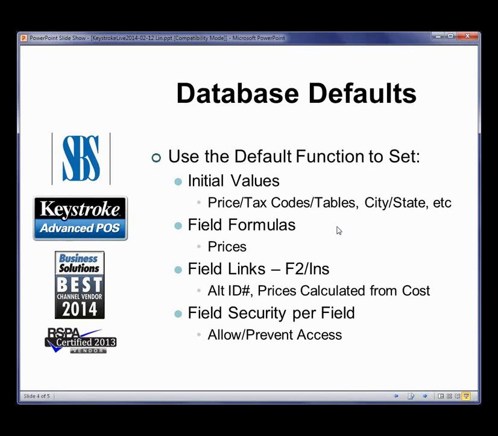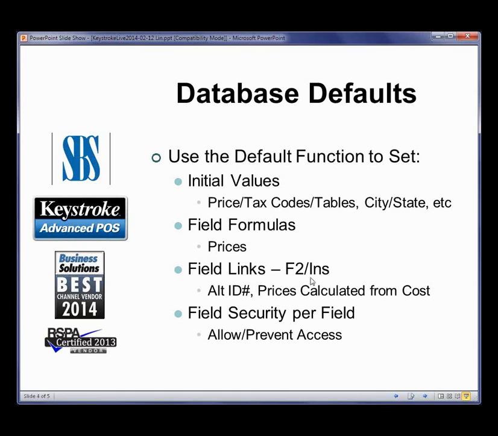This is primarily for prices, so when you're adding a new record, you can put in your average cost or your last cost, and then you can add formulas so Keystroke will calculate the prices for you. And part of calculating the prices is having field links.